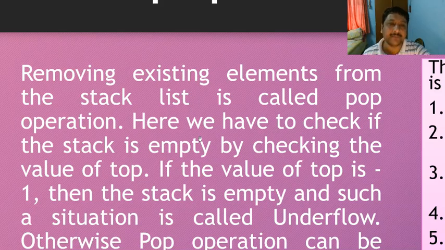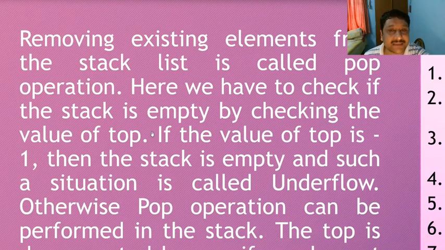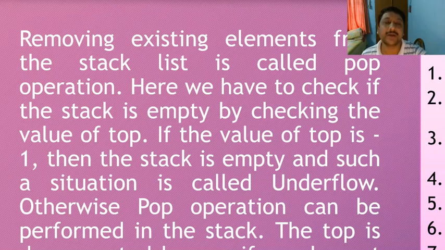To implement it, we have to check whether the stack is empty by checking the value of top variable, whether it is -1 or not. If it is -1, then the stack is empty. If it is not, then we can remove an element.